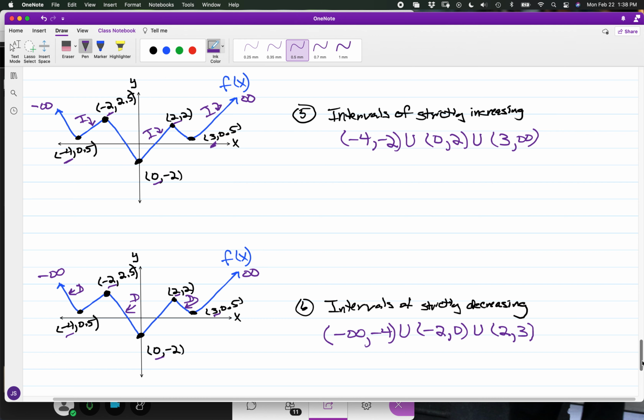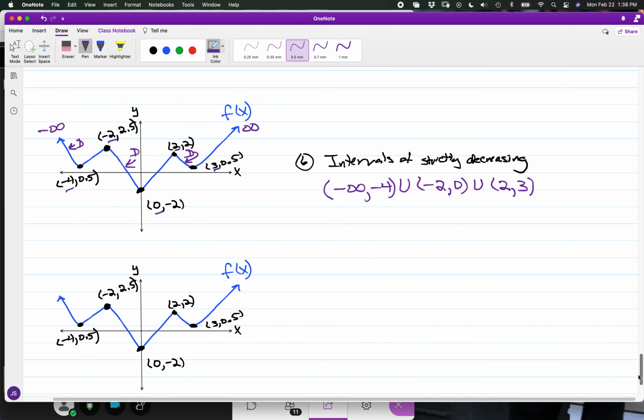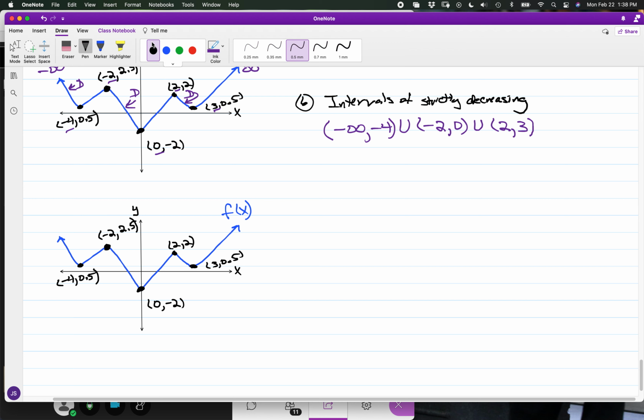Now, just one other key feature we have regarding f of x, and this will be concerning the category of turning points.